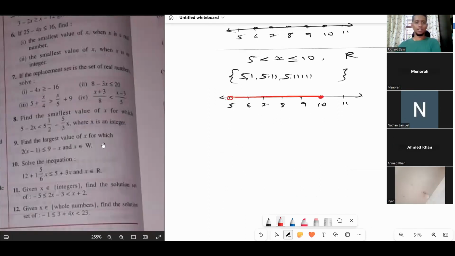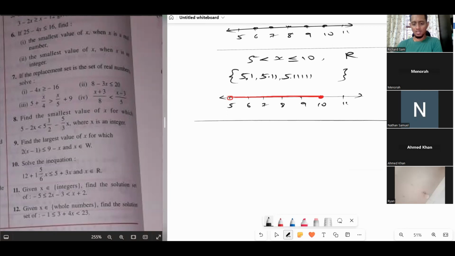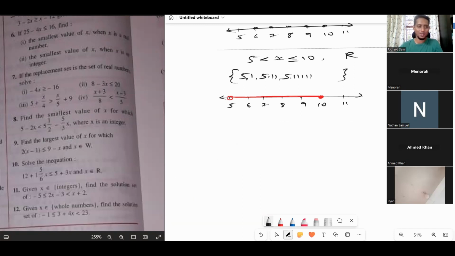So what did you all get here for x? X is less than or equal to 4? You're doing this, no? We divide, no? What is this one?